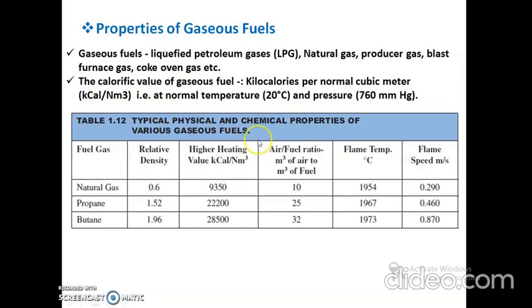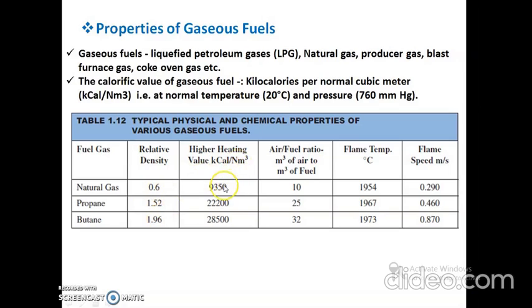The typical physical and chemical properties of various gaseous fuels are given. Here you can observe natural gas, propane, and butane. The relative density of natural gas, propane, and butane goes increasing as you go downwards. Natural gas has a relative density of 0.6 and butane has 1.96.